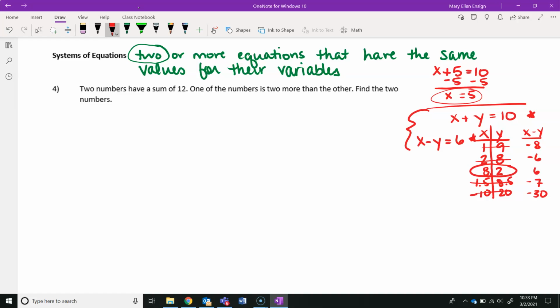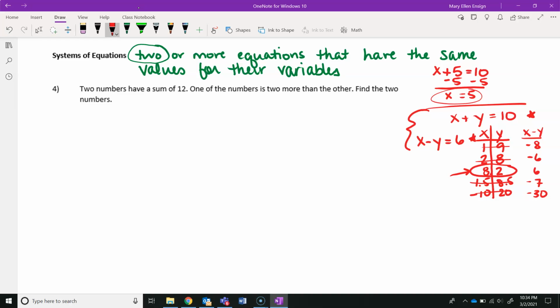But the only pair that makes both of them true at the same time is to have x equals 8 and y equals 2. So if I have two variables, then I need two equations in order to figure out the exact solutions. If I had 3 variables, I would need 3 equations. We're just going to be working with 2 here.